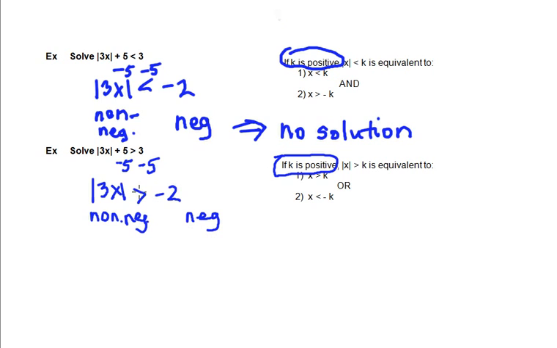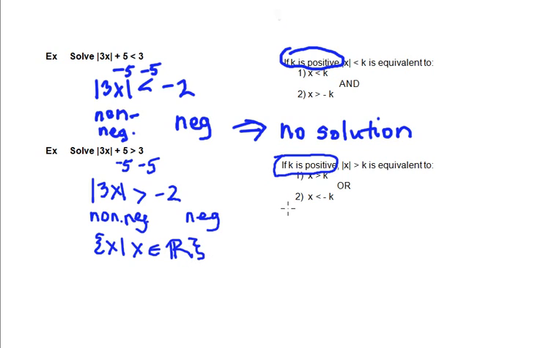And this time the inequality symbol is greater than, and a non-negative number is greater than a negative number, and that's true all the time. So x is any real number, and we can express this in set builder notation. Say this is a set of x such that x is an element of the set of real numbers. And that is the solution for this case.